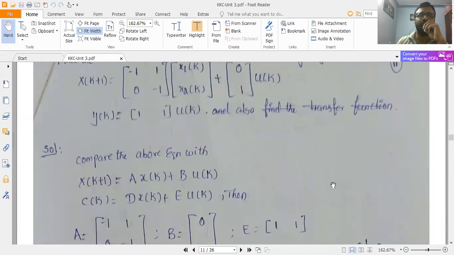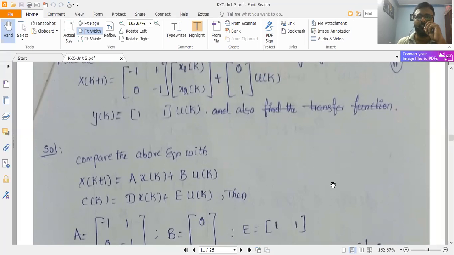So make sure that we are having two different formulas for calculating the state transition matrix. One is represented for continuous and the second one is represented for the discrete or digital systems. For calculating the state transition matrix for the continuous system, we are going to use the formula Laplace inverse of (sI minus A) whole inverse.